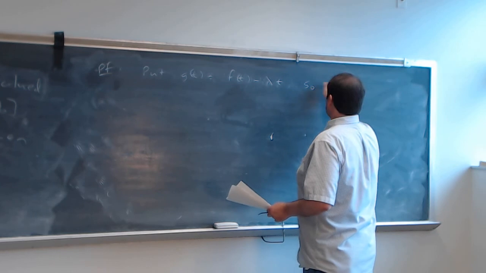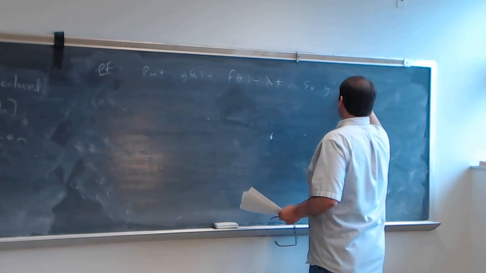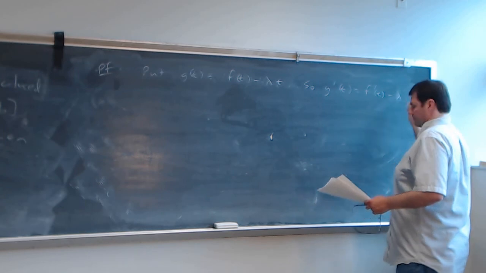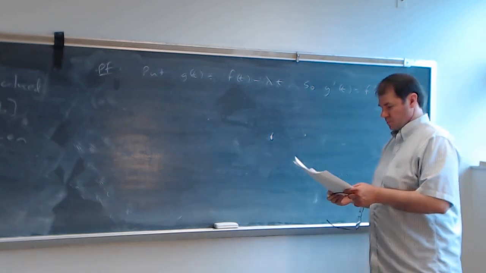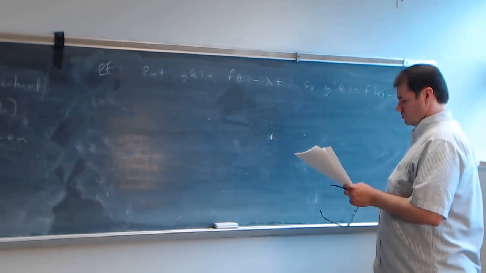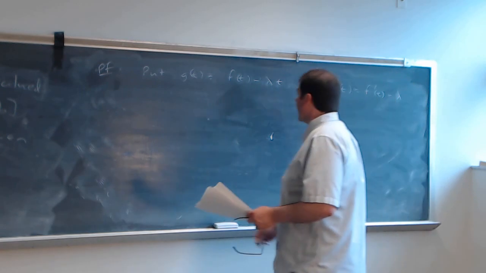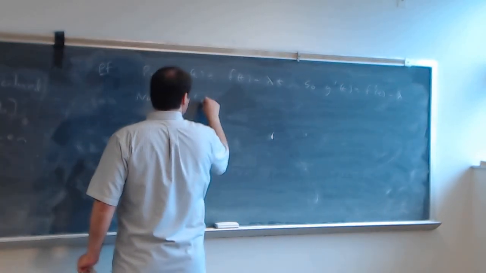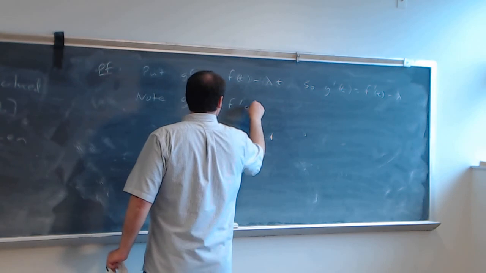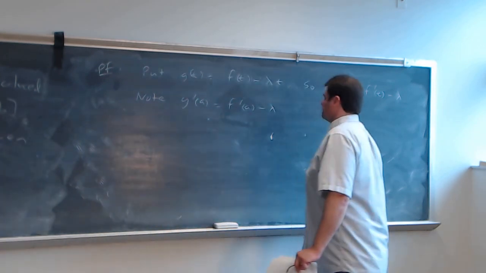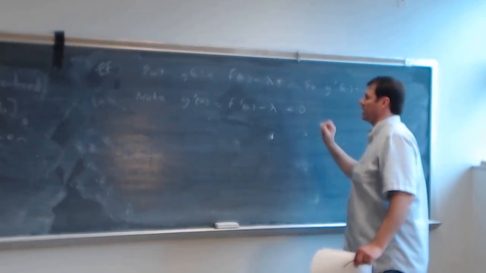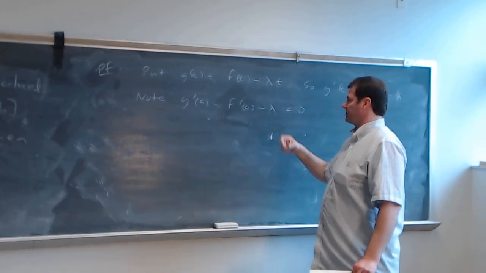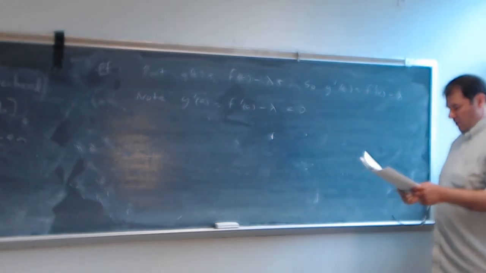So g prime of t will be equal to f prime of t minus lambda. And g prime of A will be equal to f prime of A minus lambda. And that's going to be less than 0. The reason it's less than 0, of course, is f prime of A is less than lambda. Lambda's the bigger guy.